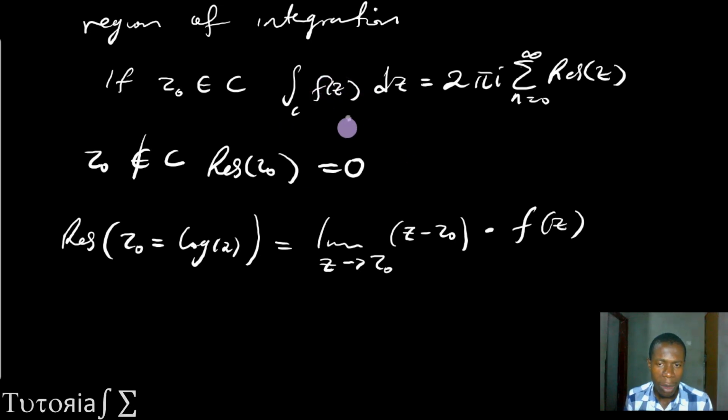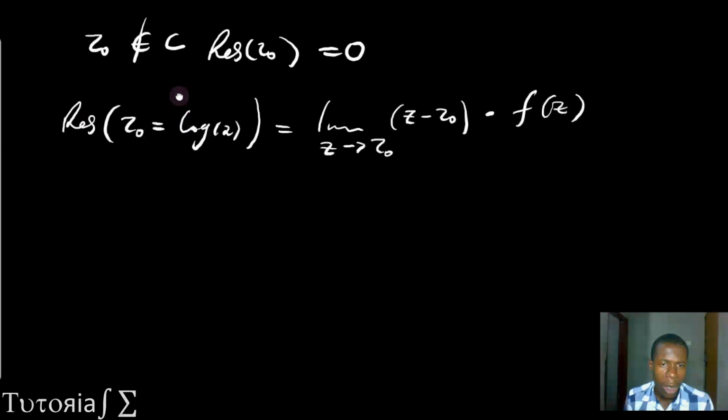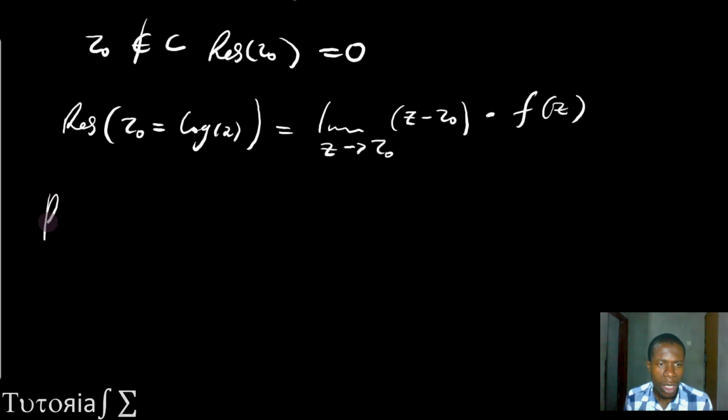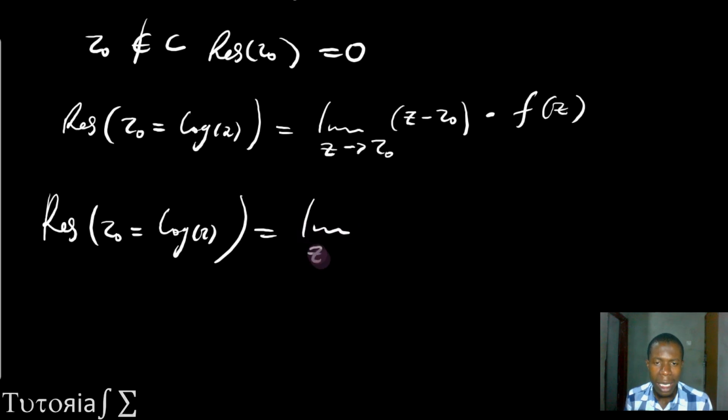Into the residue formula, we just have z minus the pole there, then times f of z, the residue. So now in this case, the residue at z naught equal to log of 2 is equal to the limit as z approaches z naught, which is log of 2.